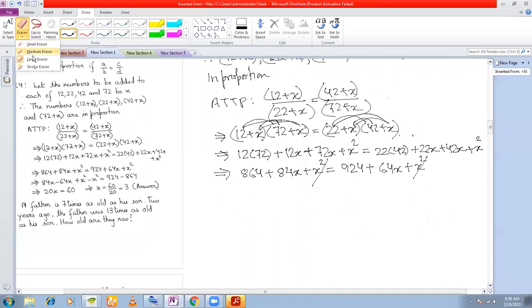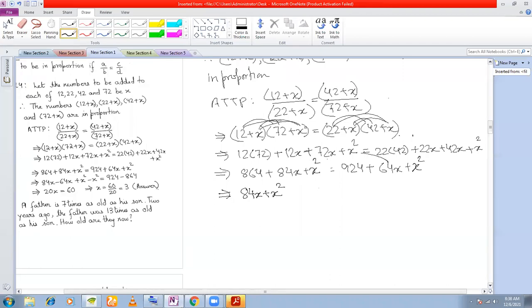Okay, and if you don't want to cancel here, what you can also do is you can take everything on one side and then you can cancel. That is, you can take all the x's on one side. So you have 84x on the left hand side and you have x square here, right?